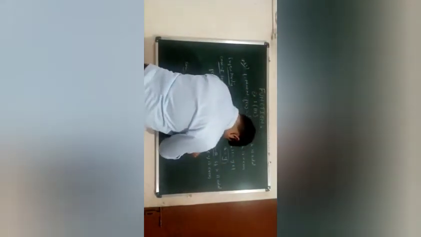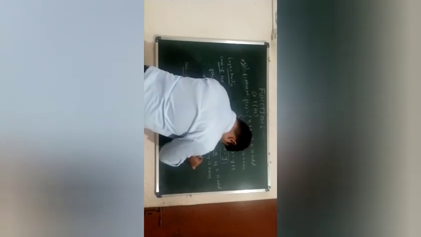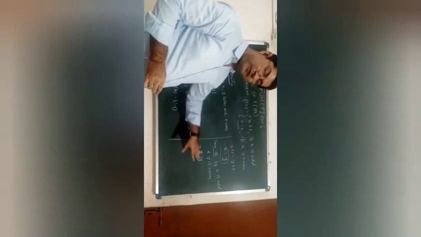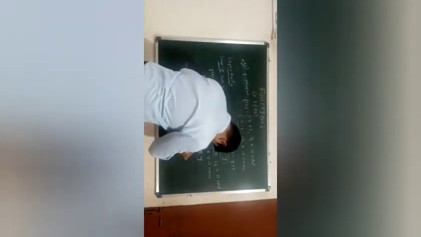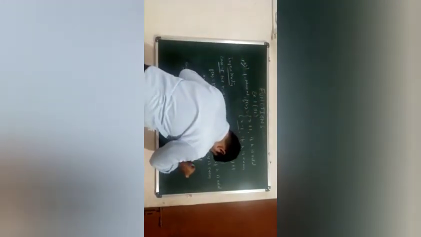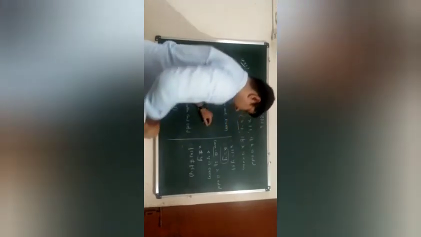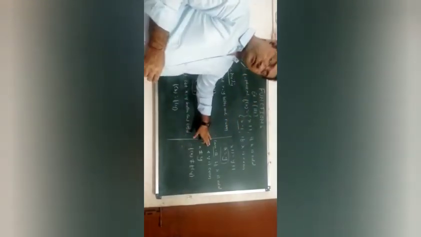In both these cases obviously x is not equal to y, because x is even and y is odd, or x is odd, y is even, and therefore f of x will not be equal to f of y. Okay, and therefore this function will be one-one.